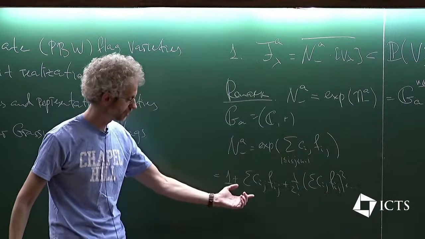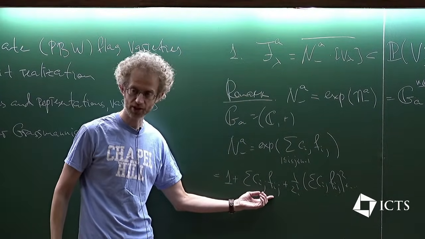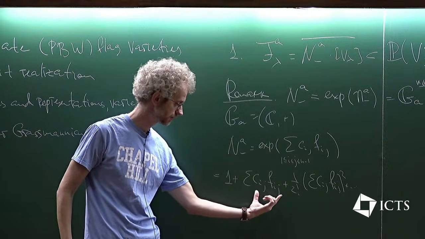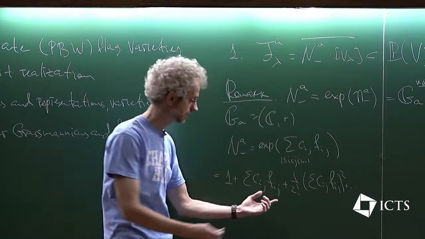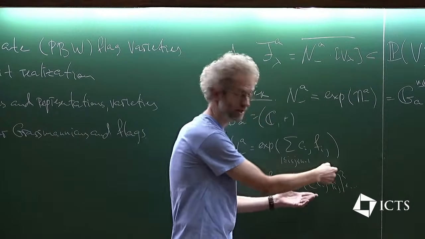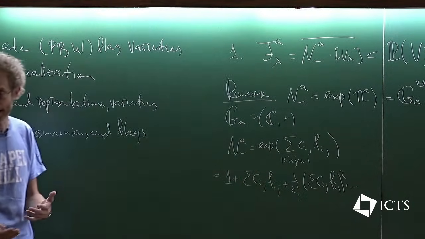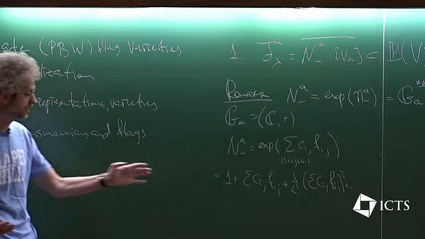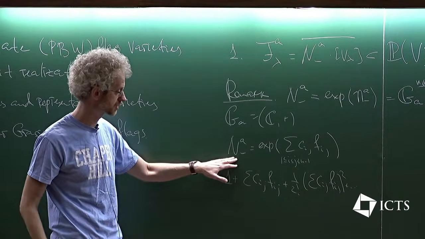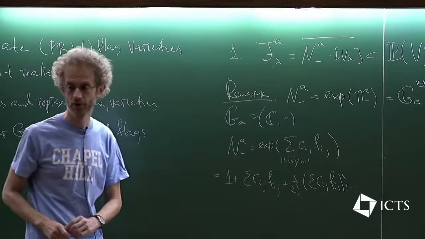So if we have the operator F_ij acting on some vector space, then this sum is also an operator. Now we take such an operator and raise it to the second power. We just think about operators acting on some vector space. So if we want to know how this group acts, right?